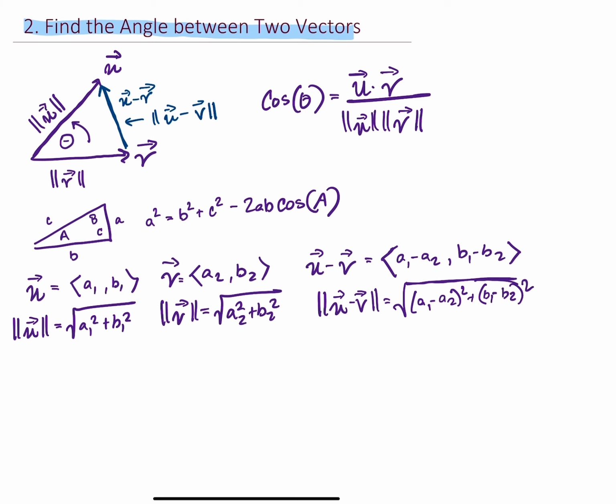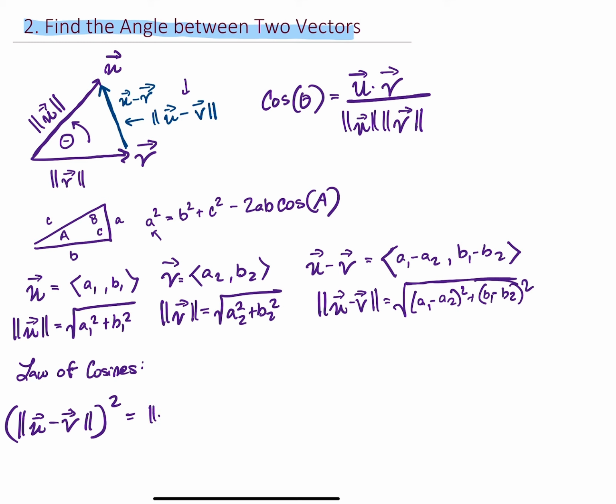So now that we have our side lengths defined, let's use this law of cosines statement. Copying this formula, our a squared would be the magnitude of u minus v squared. So by the law of cosines, the magnitude of u minus v squared should equal the sum of the squares of the other two sides.